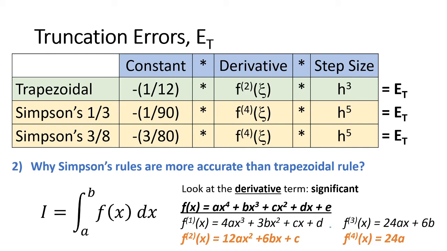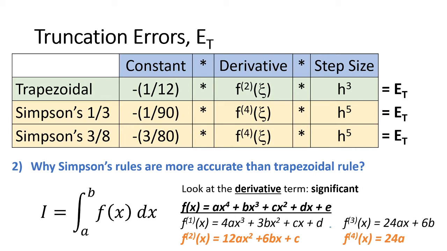So we will focus on looking at the second order derivative as well as the fourth order derivative. So we can see that the second order derivative is actually an order 2 polynomial, and the fourth order is just a constant. So it is very obvious that the second order derivative will have a higher power of x compared to the fourth order derivative.